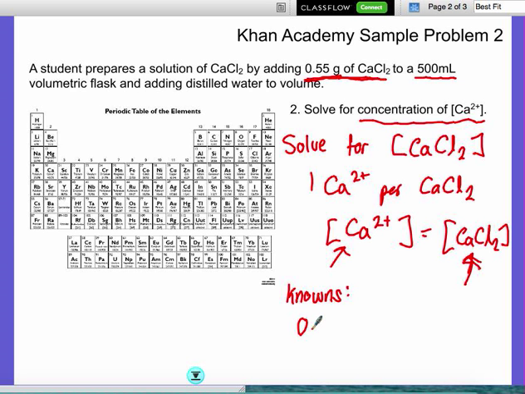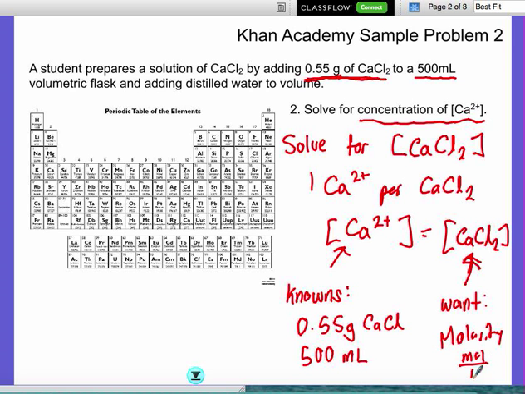So our known is that we had 0.55 grams of CaCl2 and 500 milliliters of water. What we want, or what our unknown, is molarity, which is in units of moles over liter.